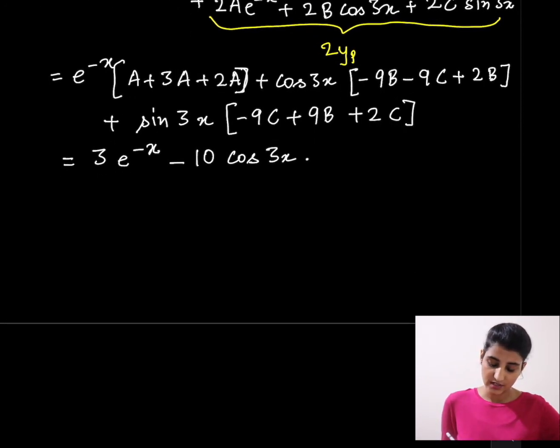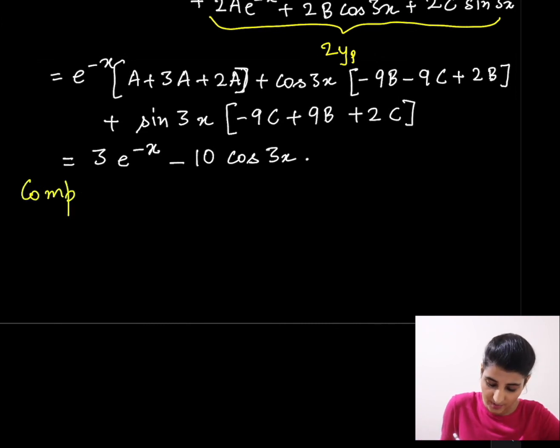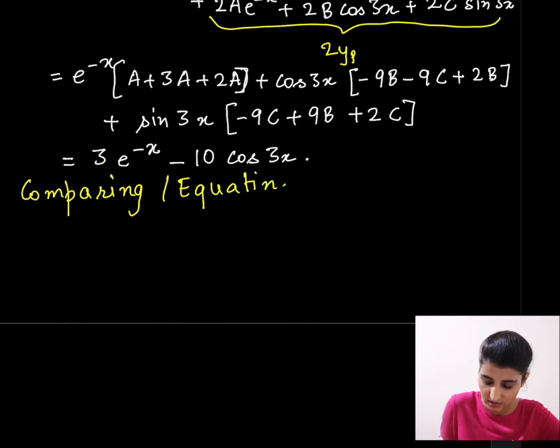So from here we got 3a plus a is 4 plus 2 is 6, so 6a, which is the coefficient of e^(-x). What we are doing over here is comparing or equating the like terms.